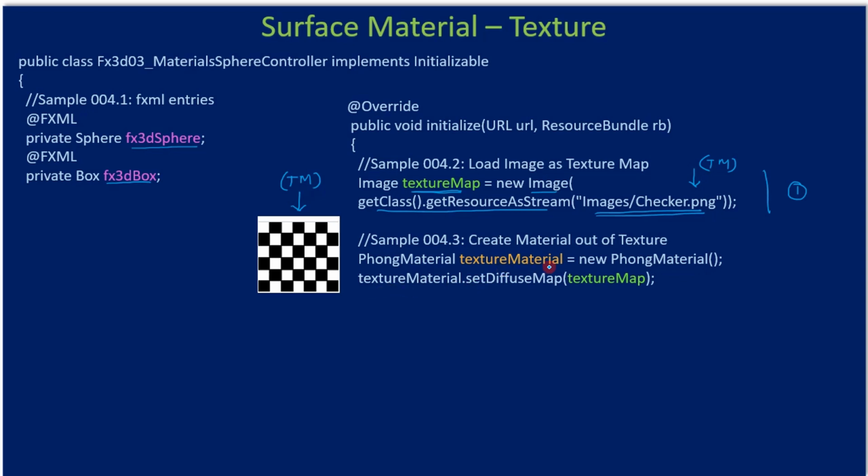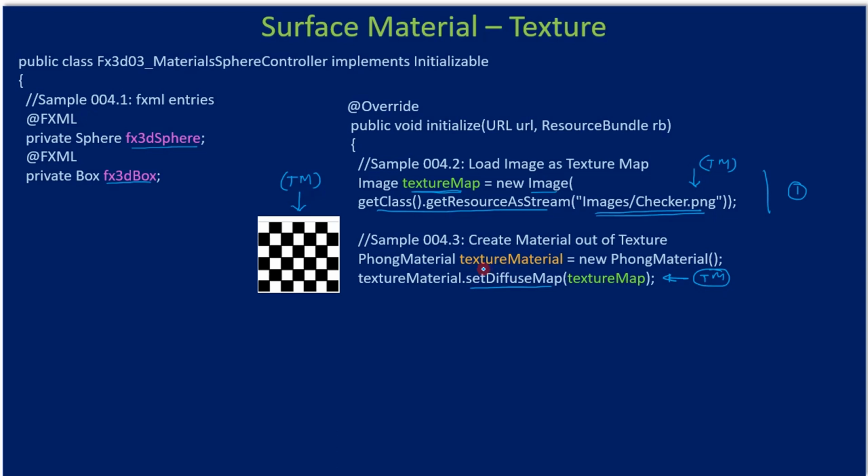So texture material is what we are naming it here, but this is an instance of PhongMaterial. Then using setDiffuseMap, we are supplying the texture map which we created here, and we are creating the material.